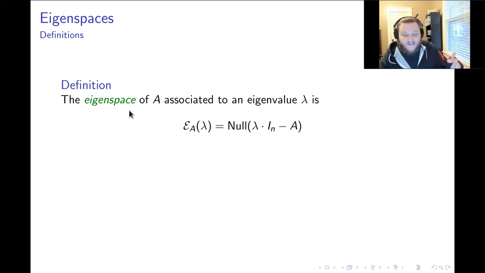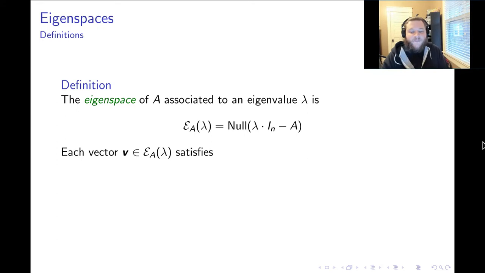The eigenspace of our matrix associated to that eigenvalue is notated with this fancy E sub A of lambda. And what this is referring to is not the null space of the original matrix. It's the null space of the associated characteristic matrix. So the eigenspace of A associated to the eigenvalue lambda is the null space of lambda times the identity minus A.